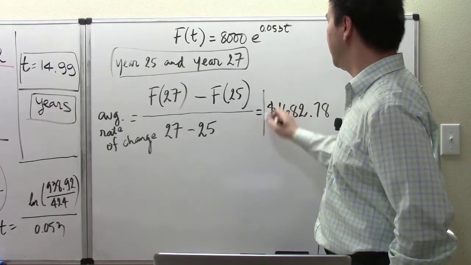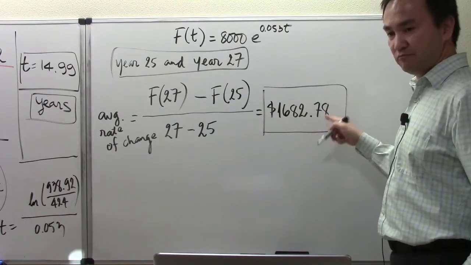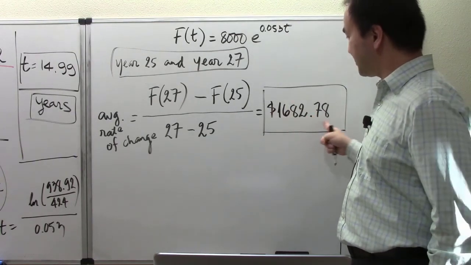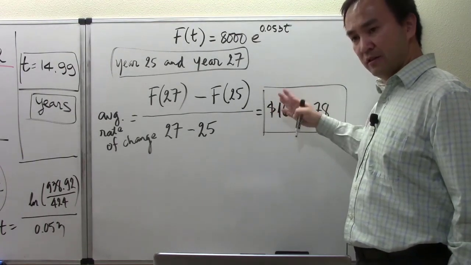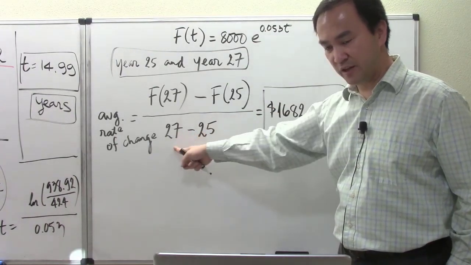This is our money, so we're going with 2 decimals. That is the average rate of change, how fast our money is growing on average between those 2 years, year 25 to year 27.